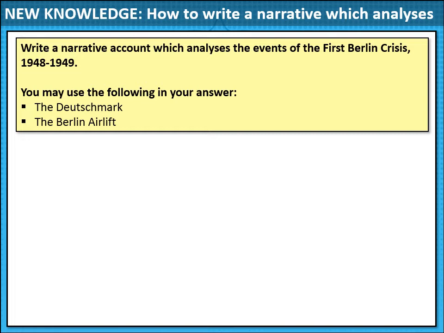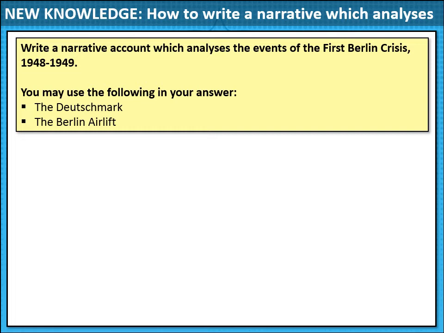So now it's time to introduce some new knowledge. We're not going to introduce any new content here, but we are going to look at how to write a narrative which analyses. Now, a narrative is a little bit like a story, except it's a story which explains how and why things happen.